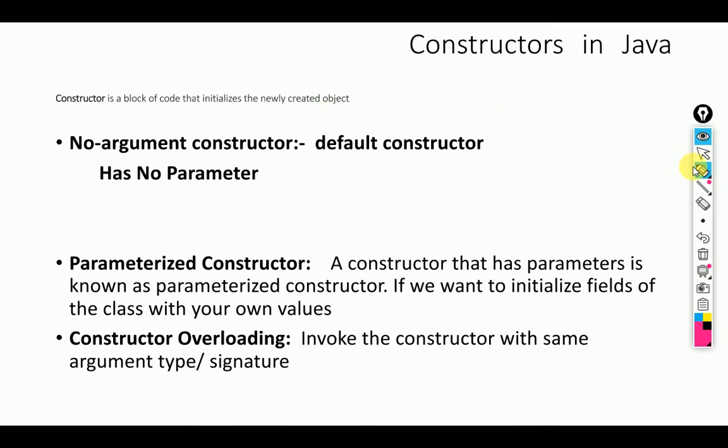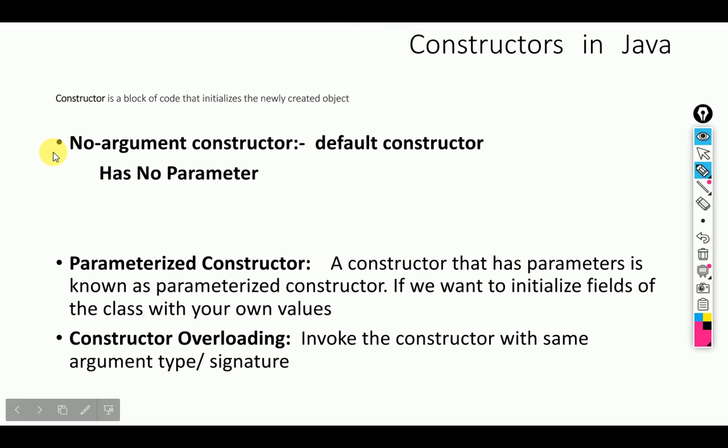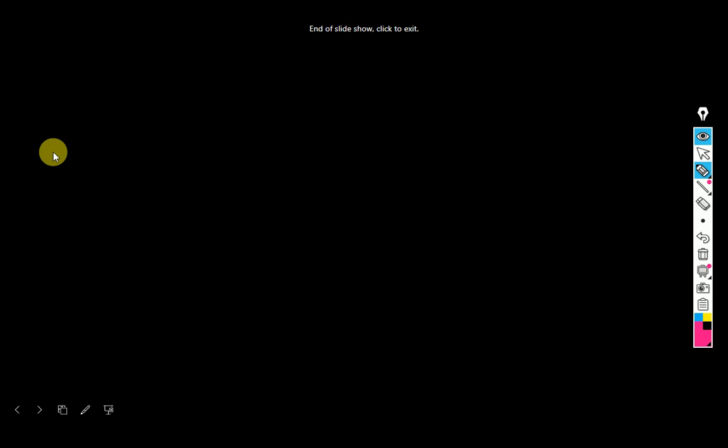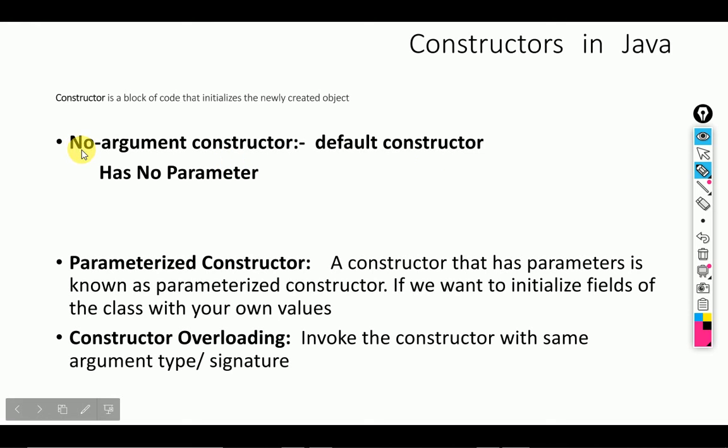Here you can see there are three basic agenda. The first one is the no-argument constructor or default constructor. There are two types of constructor here. The first one is the default constructor or non-parameterized constructor, and the second one is the parameterized constructor.